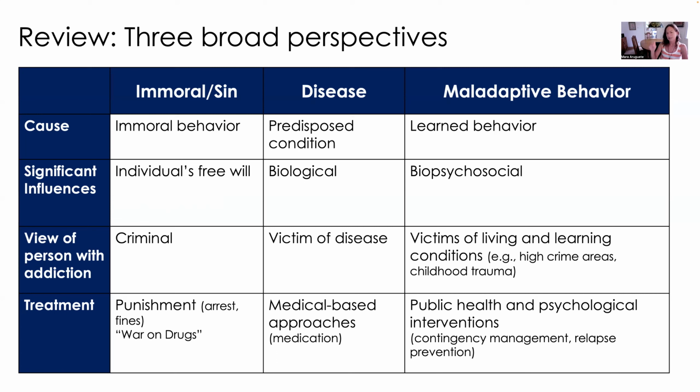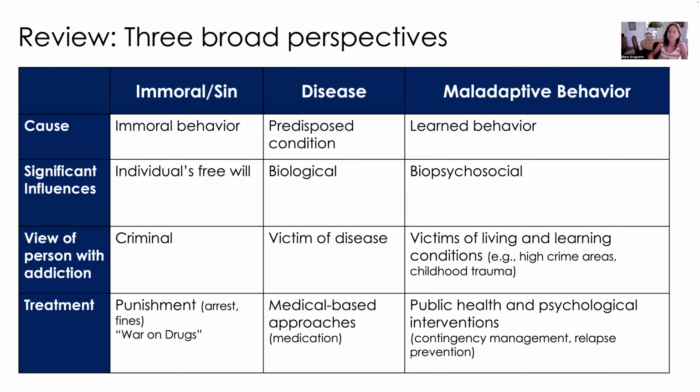The maladaptive behavior perspective is the concept that addiction is a learned behavior. It's a biopsychosocial cause. There are biological things that happen in the brain. There are psychological things with regard to learning and learning habits. There are also social things, environmental challenging conditions that make me more likely to get an addiction in certain conditions. People are victims.